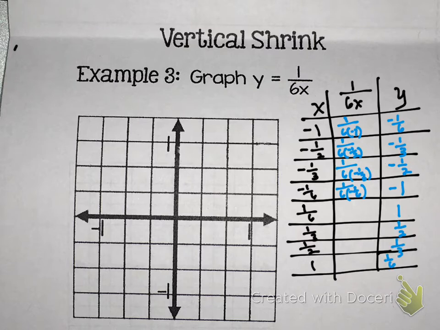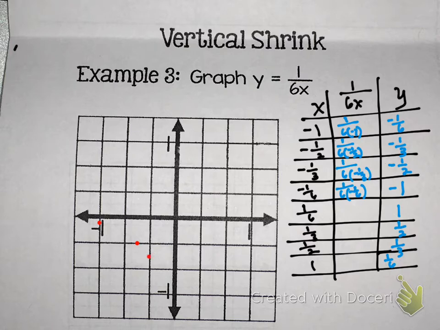So now we should be able to fill in these as a +1, a +1/2, a +1/3, and a +1/6. So, putting in these points, at -1, you're at -1/6, so close to 0. And at -1/2, you're going to be at -1/3, and at -1/3, you're going to be at -1/2, so somewhere about here.